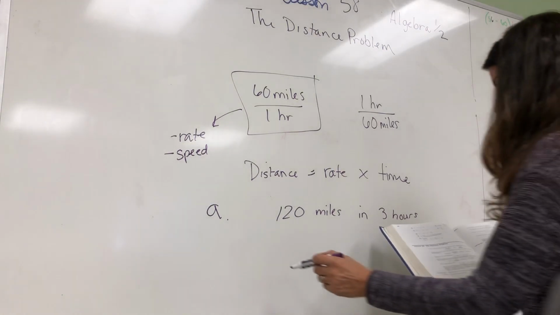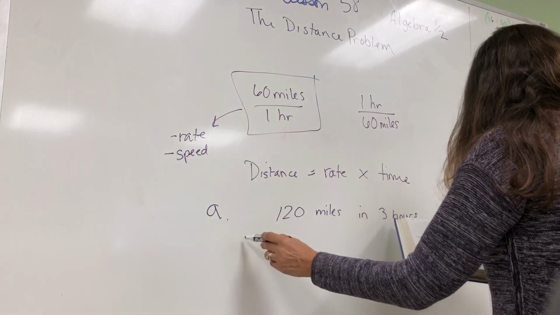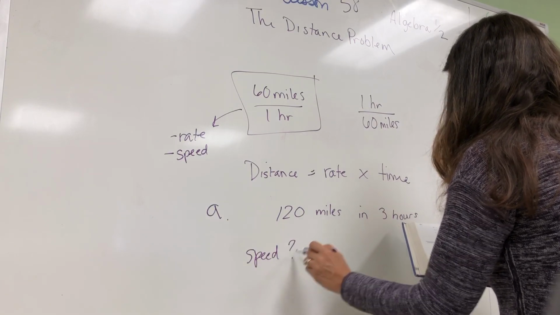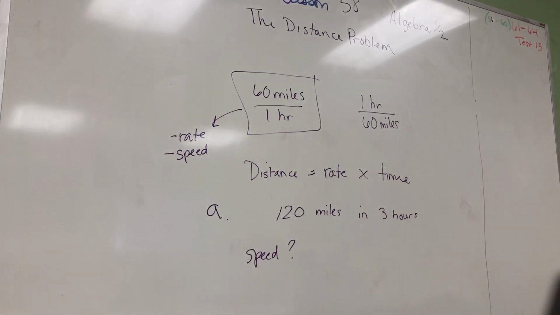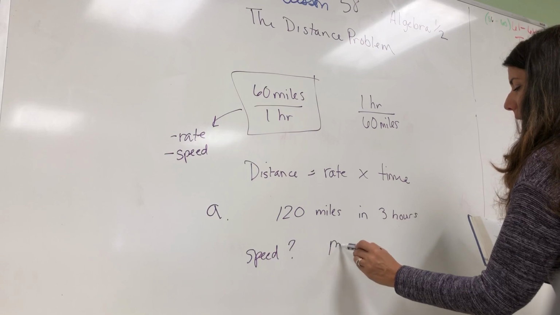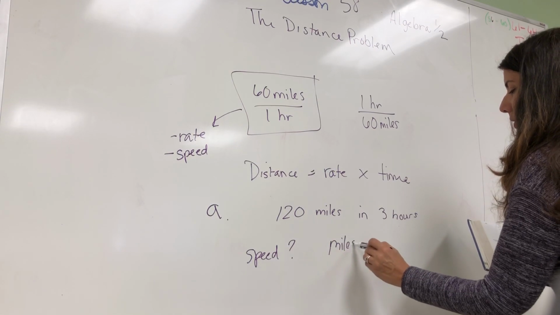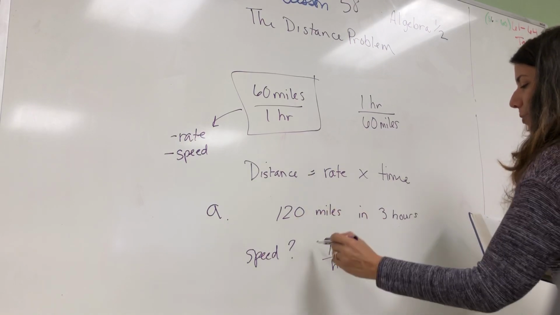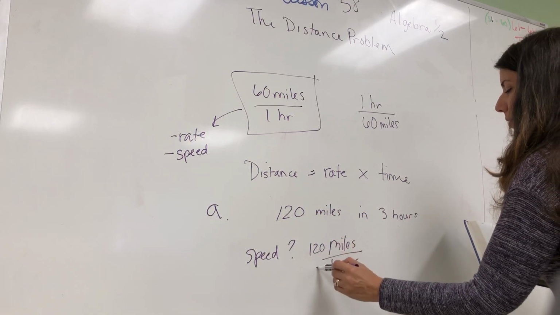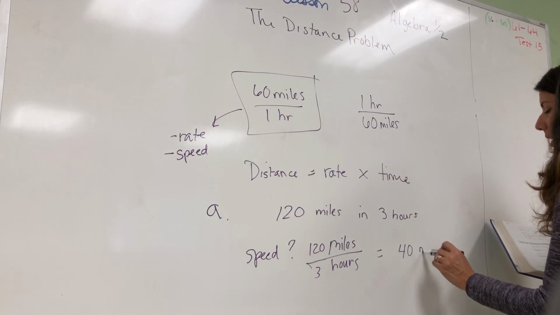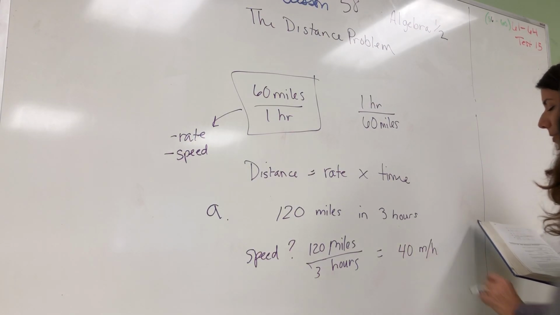The first part of the question is, what was her speed? So we're going to set up miles over hours, 120 miles over 3 hours. 40 miles per hour.